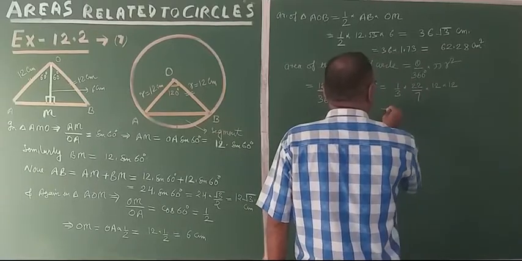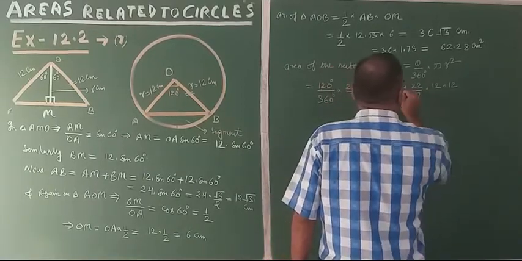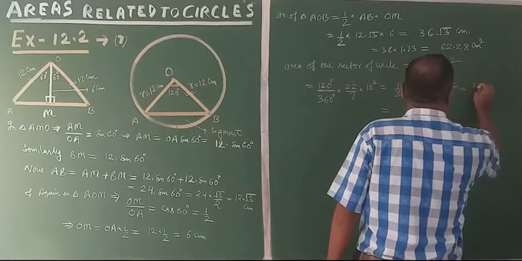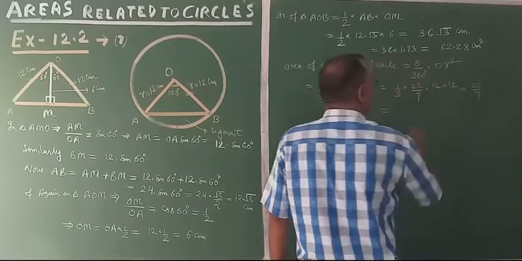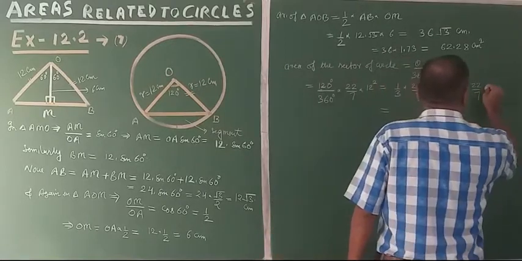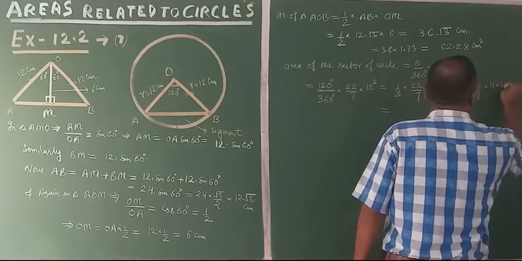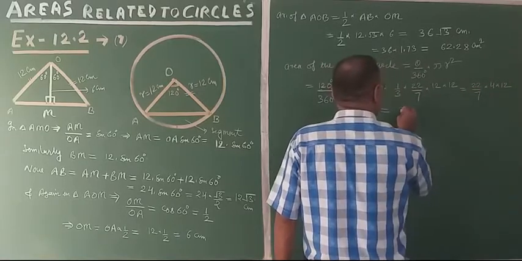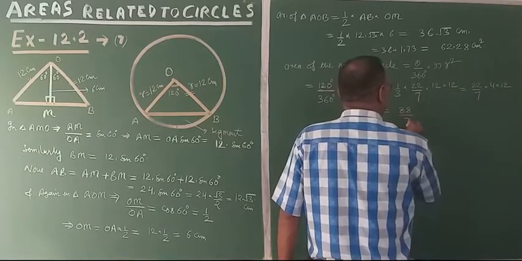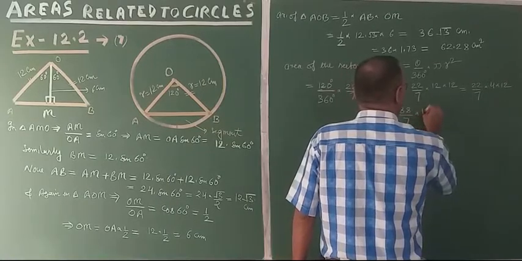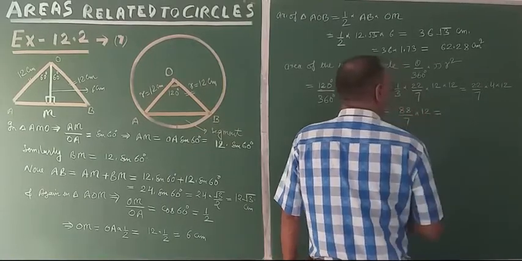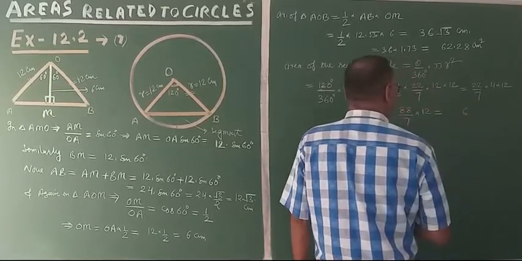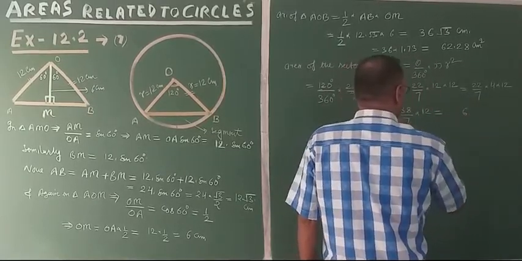So this will become 3 4 the 12, 22 upon 7 and this is 12. 3 4 the 4 into 12. Just multiply that. 88 upon 7 into 12. So this will become 12 8 is 96.